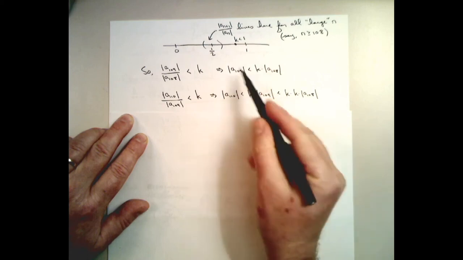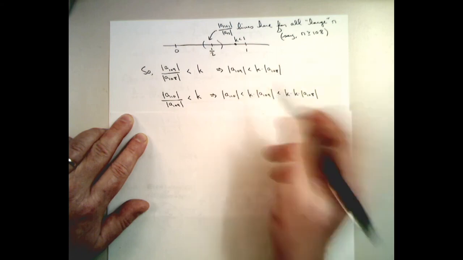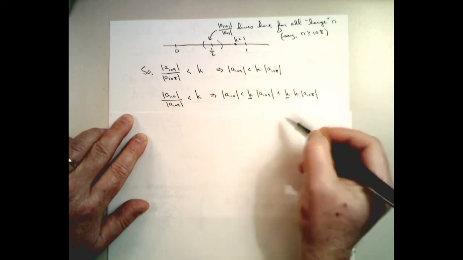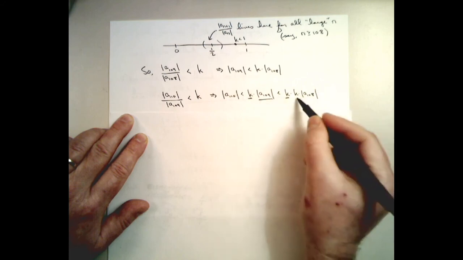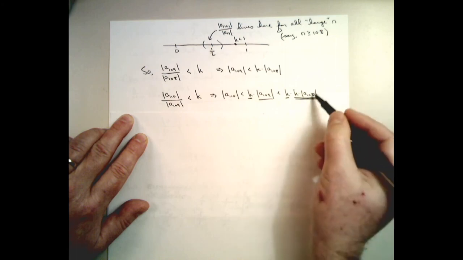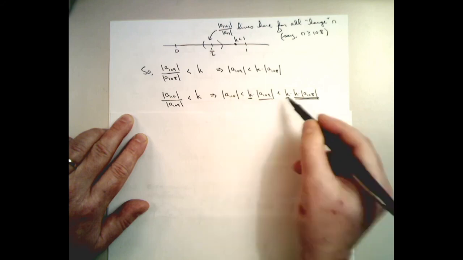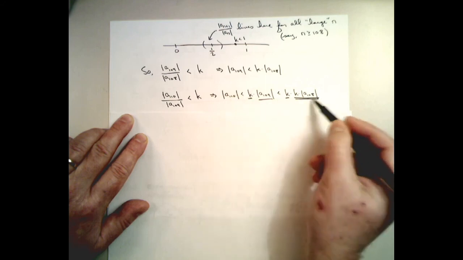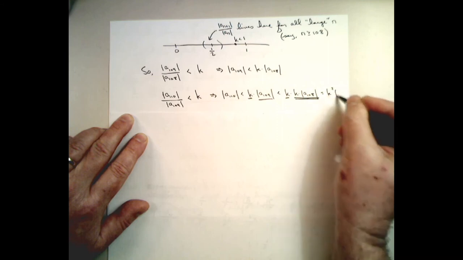But the 109th term was less than k times the 108th term. So in total, I have that the 110th term is less than k squared times the 108th term.